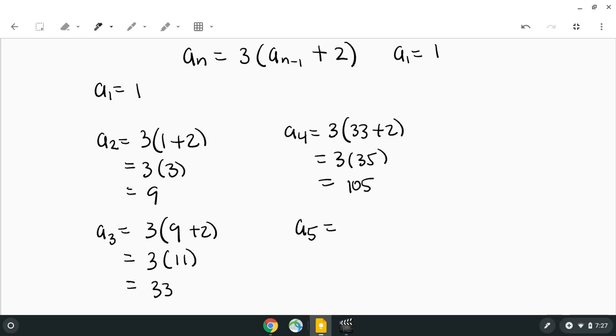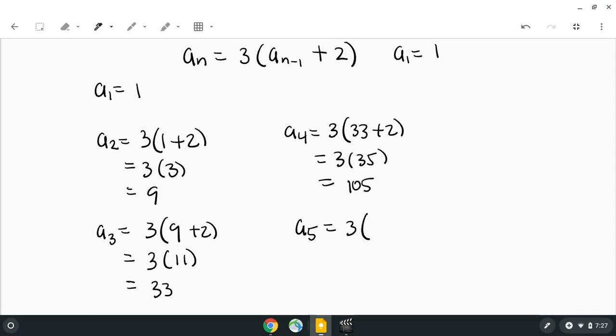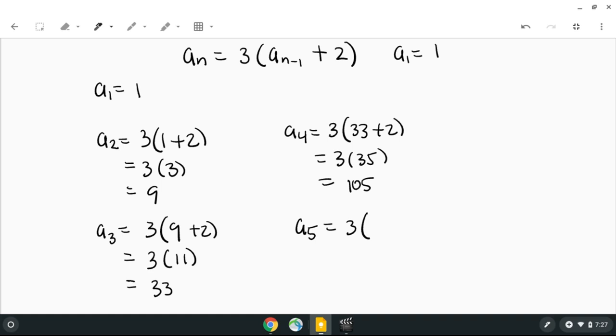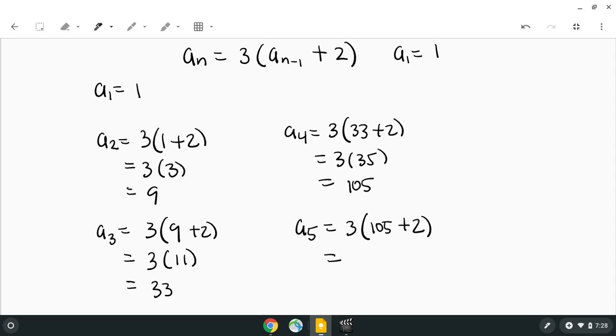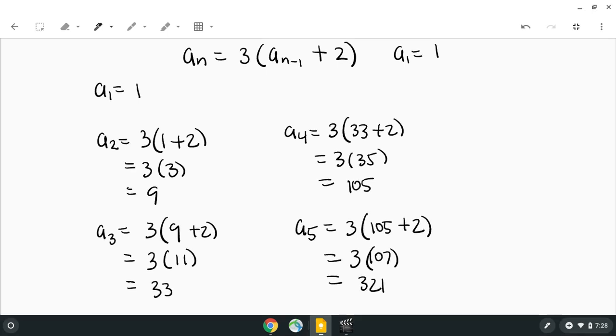And then my fifth term is going to be 3 times the term before the fifth term, which is the fourth term, 105, plus 2. And that will be 3 times 107, which is 321.